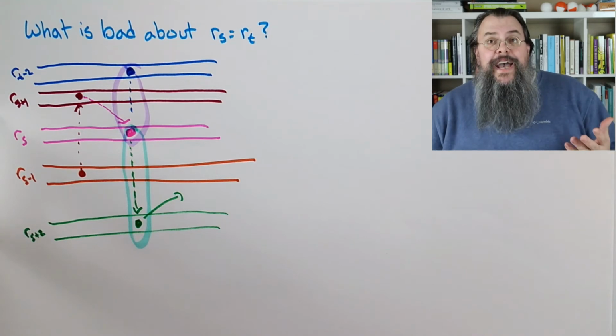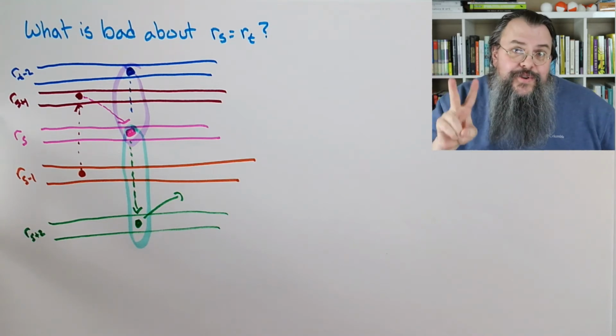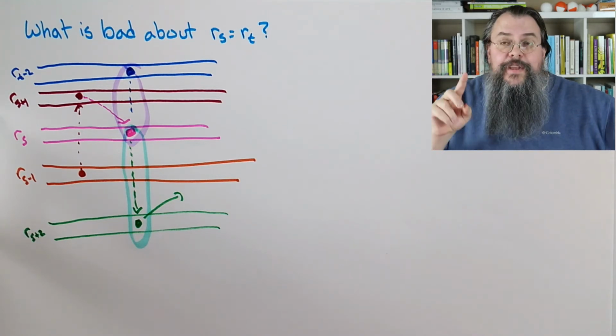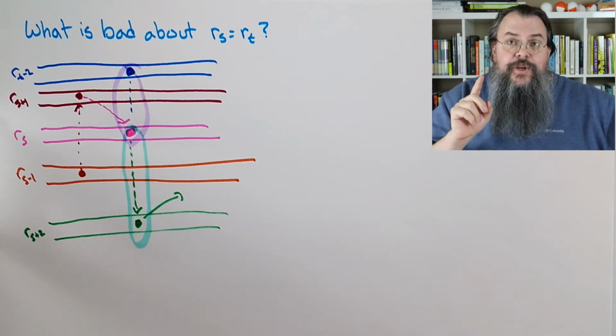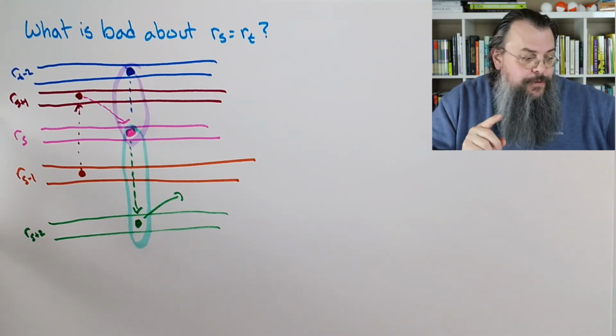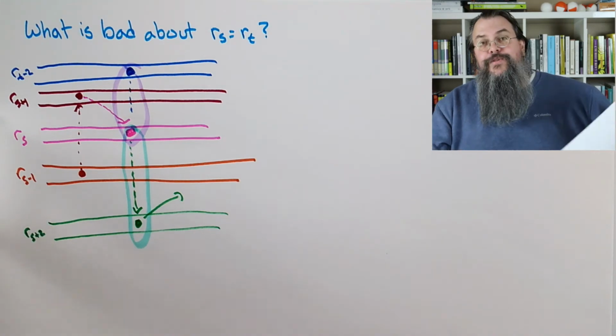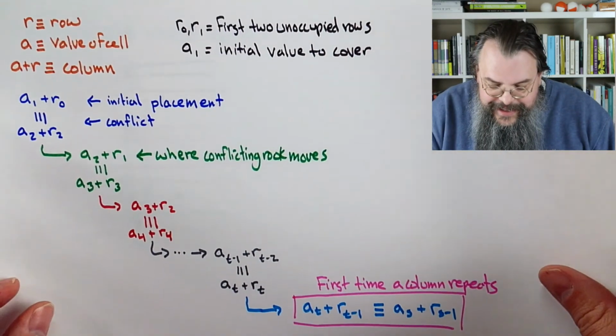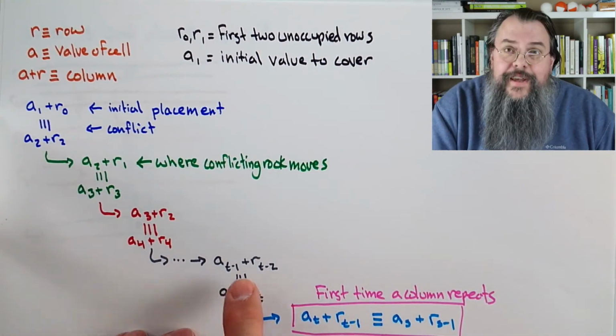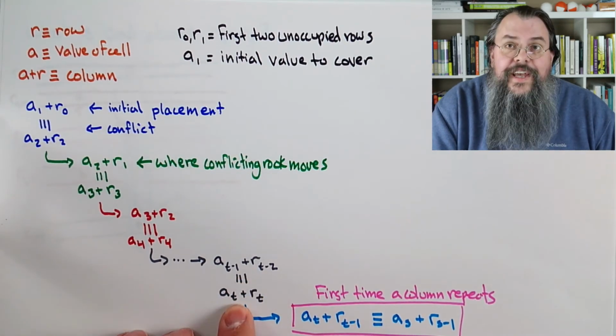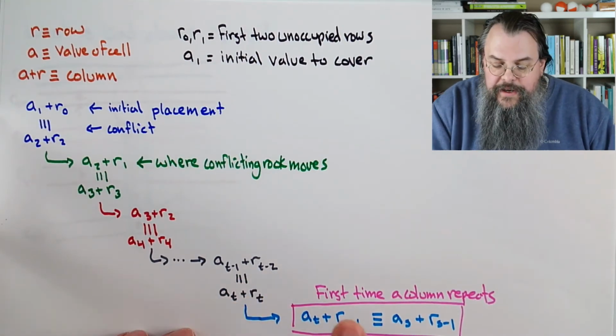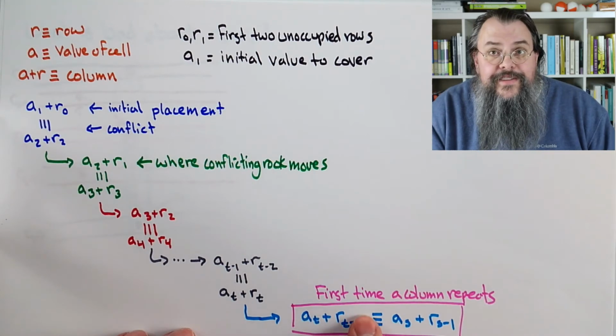Why is that bad? Remember, that's two conflicts in the same column, which means that we shouldn't see that too soon, because that says we've repeated a column at this stage. But we aren't supposed to repeat a column until the next step.